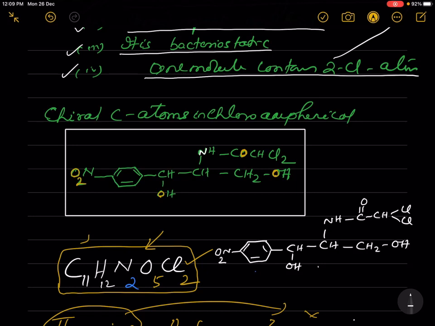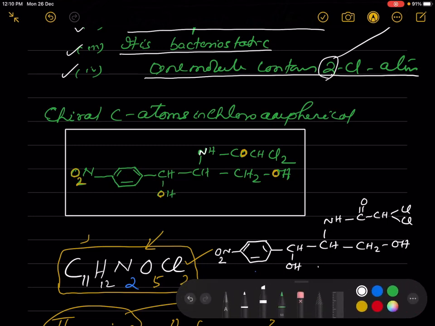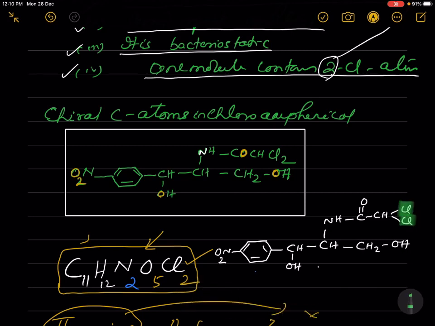One molecule contains 2 chlorine atoms. Whether it is true or not, that you have to find. You see, here there are 2 chlorine atoms, and in other parts of this compound there is no chlorine.